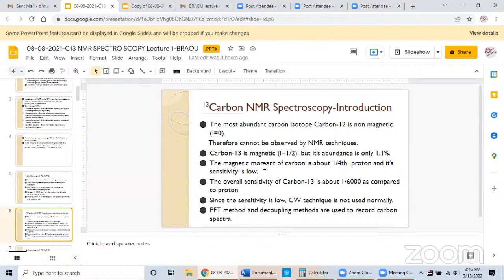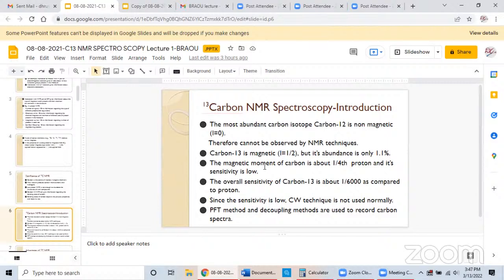Another important feature of carbon 13 is its magnetic moment. It has a magnetic moment, no doubt, but it is less than that of the proton, about 1/4 of proton. Therefore, its sensitivity is very, very low. Its abundance also is very low, whereas for proton it is high.